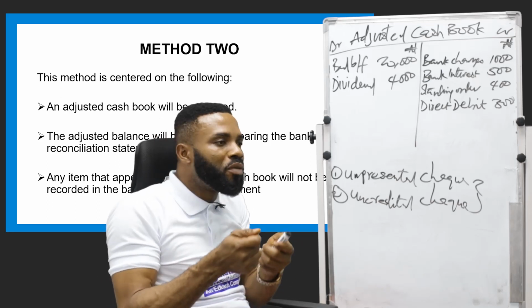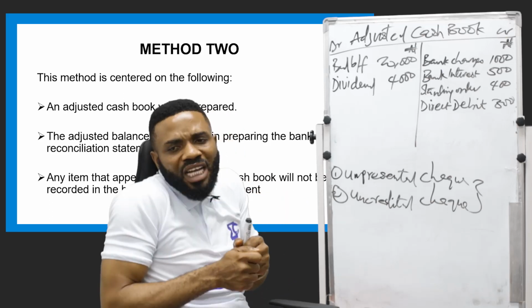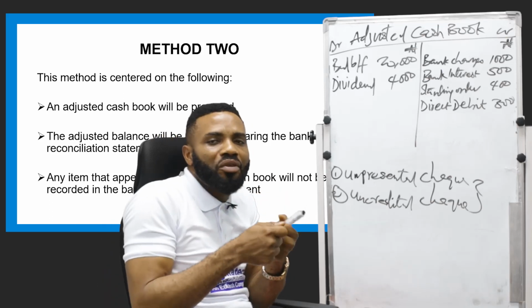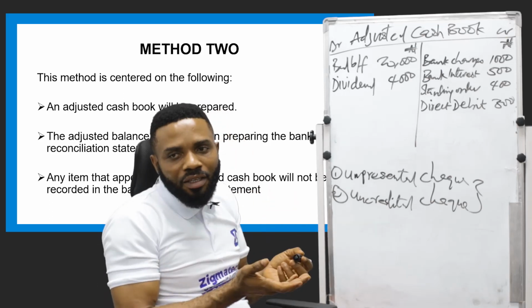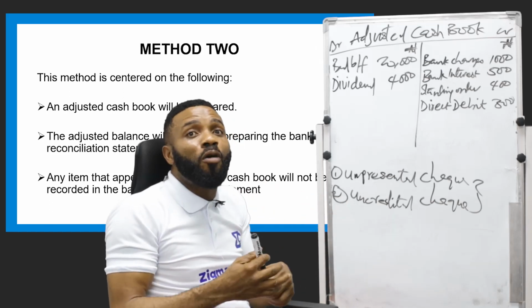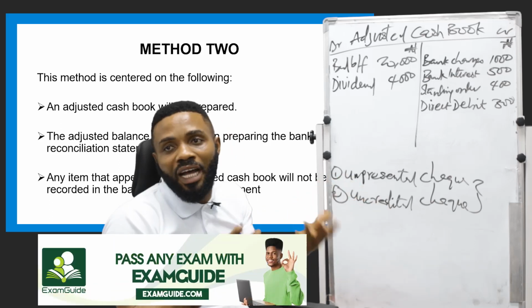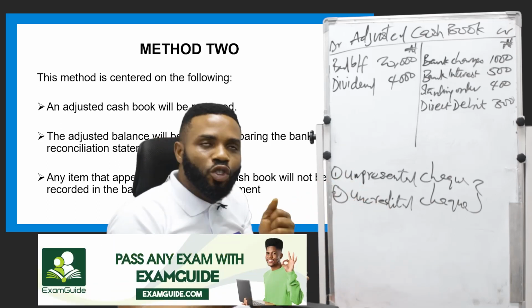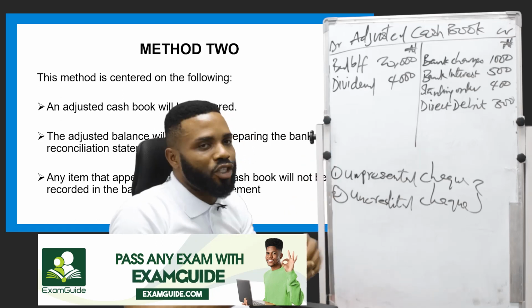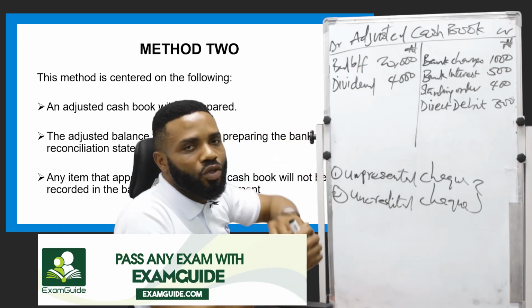The money will not be brought to you in your house. The money will be sent to you in your account. Sometimes when this money is sent to your account, you may not get an alert. Maybe later when the bank statement comes, that's when we will say, okay, company ABC has actually sent in so much amount as interest or returns. Such an amount of money is what we call dividend. So because it has been added to your bank statement, you must add it back to your cash book.